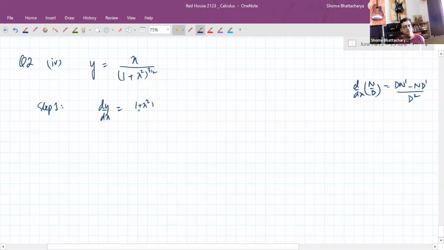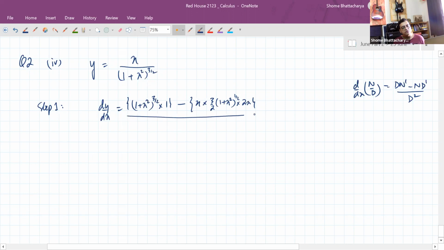So denominator, that is this term, multiplied by differentiation of numerator, which is 1, because numerator is x, okay, minus numerator, which is x, into differentiation of this term. So you'll have to use chain rule, 1 plus x squared to the power 3 by 2. So anything to the power 3 by 2 has a differentiation of 3 by 2 into that to the power half into differentiation of this term, that is 2x.